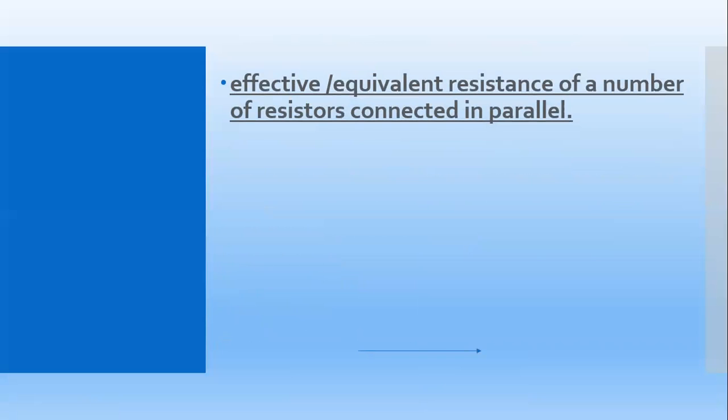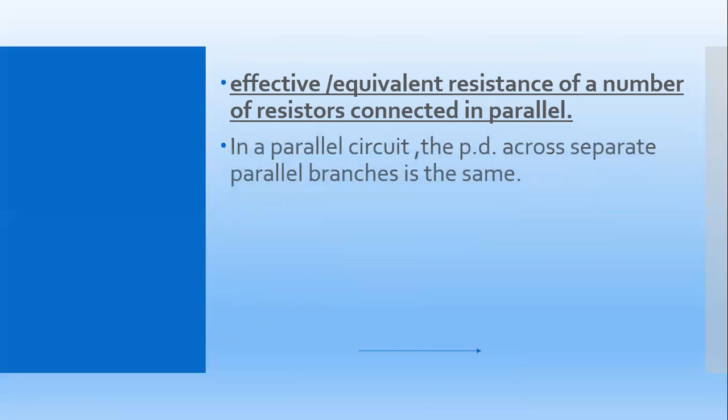Effective or equivalent resistance of a number of resistors connected in parallel. In a parallel circuit, the potential difference across separate parallel branches is the same. That is, V1 is equal to V2 is equal to Vt. That means the voltage of the battery is equal to the potential difference of each resistor.